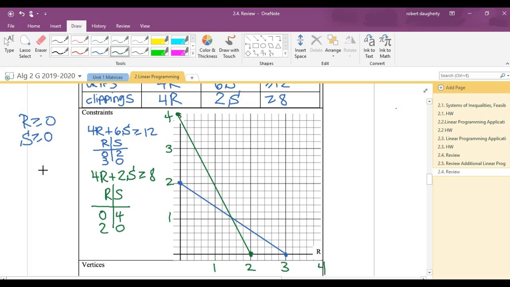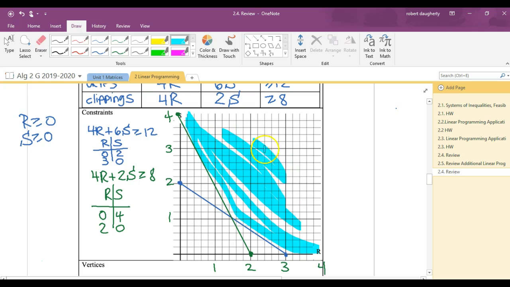Okay, and I'm shading above both of these lines, so my feasible region looks like this. So vertices right there, intersection of these two lines, and right here.